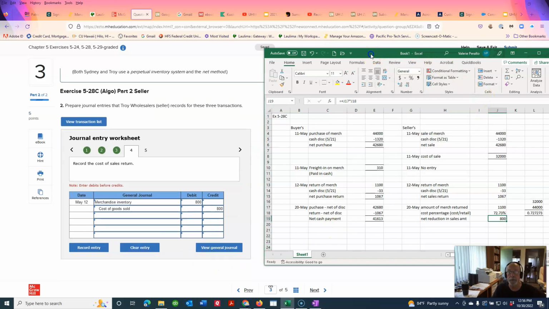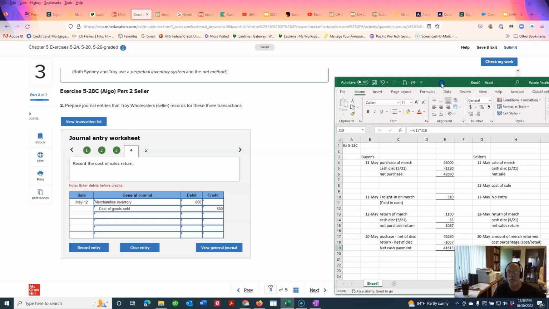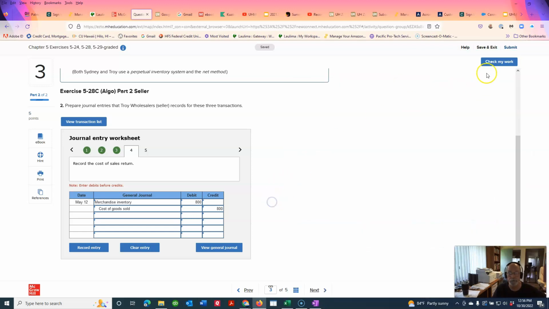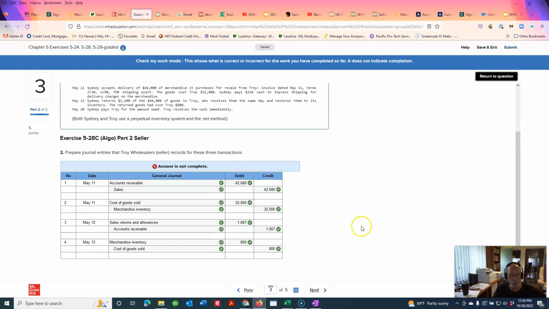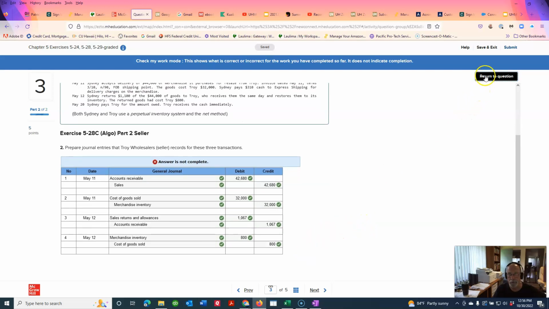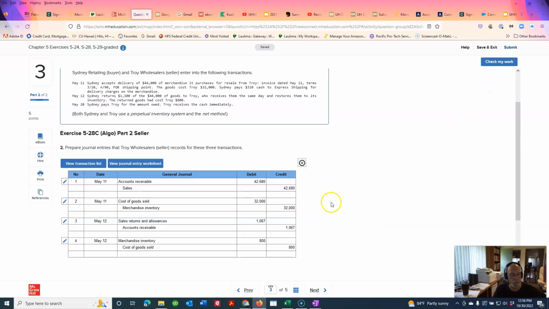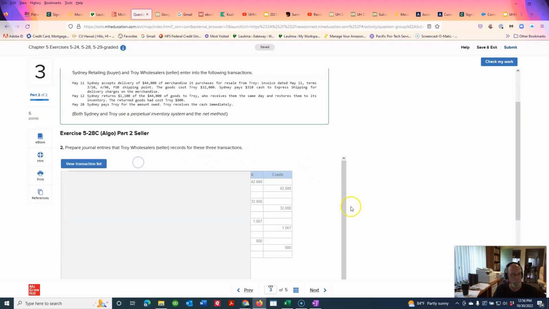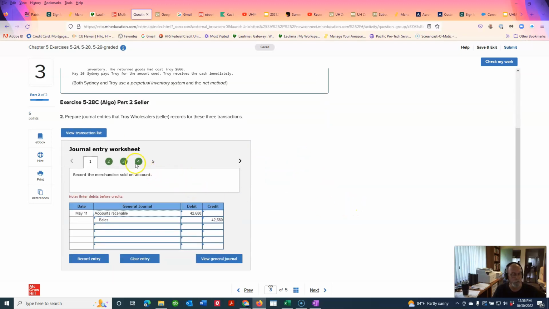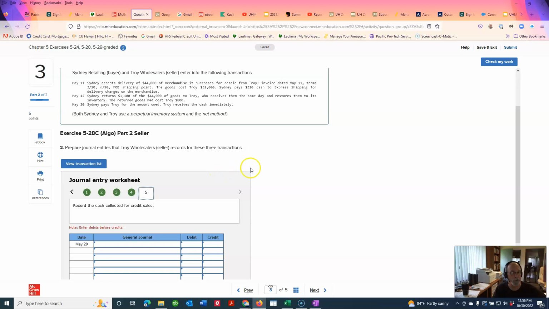And so let's check that entry. Hopefully it's okay, and it is. So far so good. We're on the right track. And then finally, our transaction for payment. So on May 20th, on the buyer's books, Sydney made a payment net of the return.